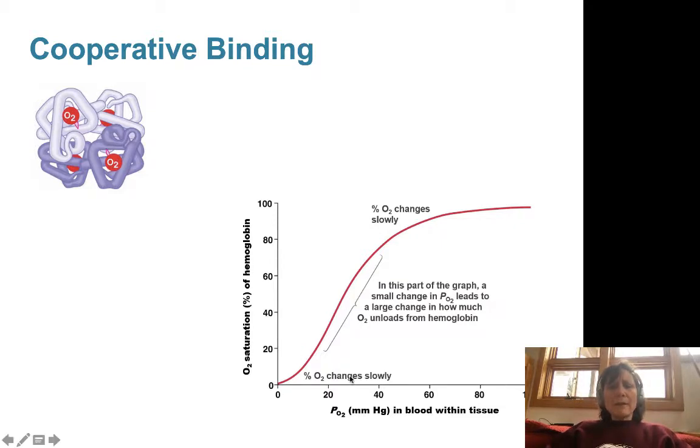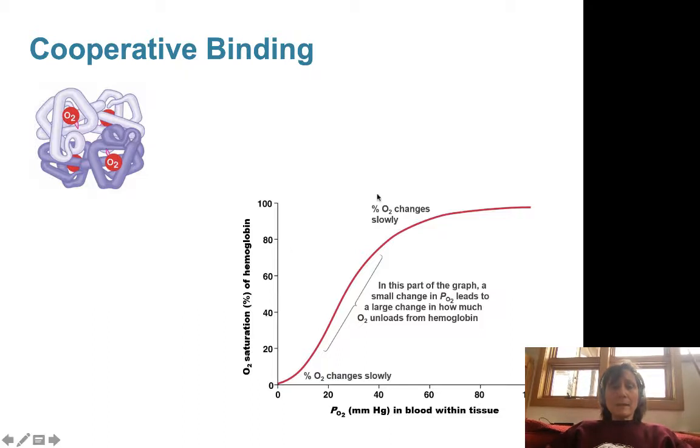So if you look at this figure then, remember we said that 40 is about the partial pressure of oxygen in tissues that are at rest. If you trace this figure upwards and reach the sigmoidal curve and trace it over to see what the saturation level of oxygen hemoglobin is, it's about 75%.